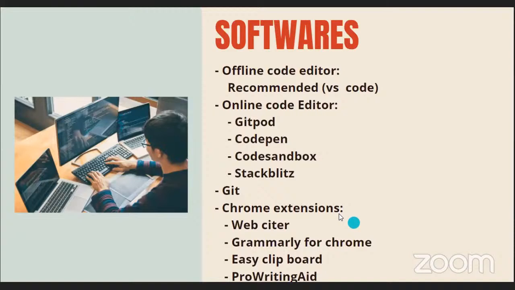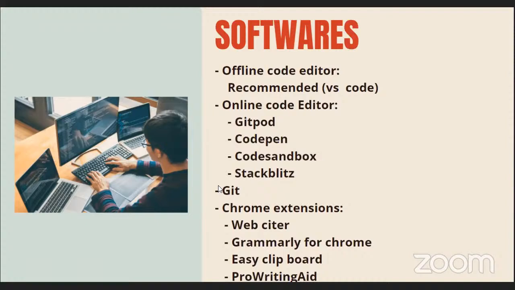That would be nice. Then Chrome extensions. For Chrome extensions, these are my favorite. I use WebCite. WebCite is a very nice Chrome extension where you can just cite the website, and it gives you whatever type of citation, if it's MLA, if it's APA, if it's Vancouver.